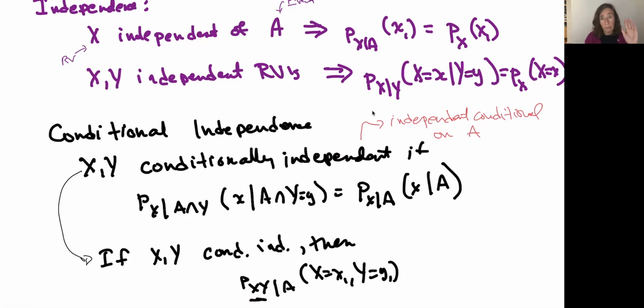But if they are independent, or conditionally independent, you can get the conditional joint probability by multiplying the probability that X equals x1 conditional on A times the probability that Y equals y1 conditional on A.